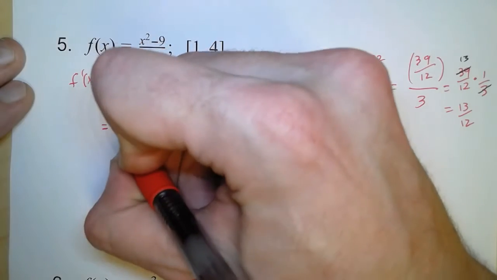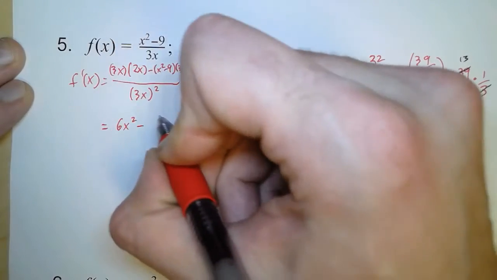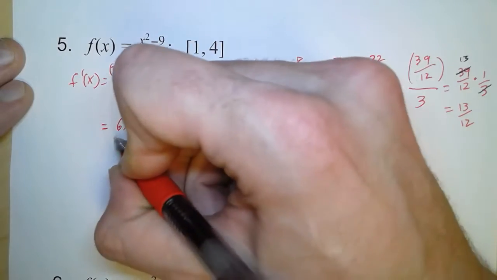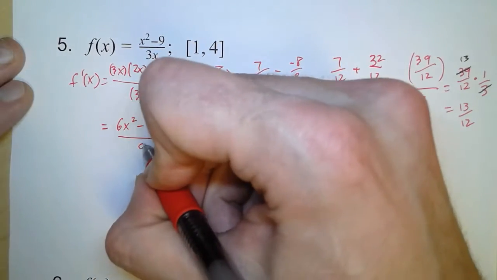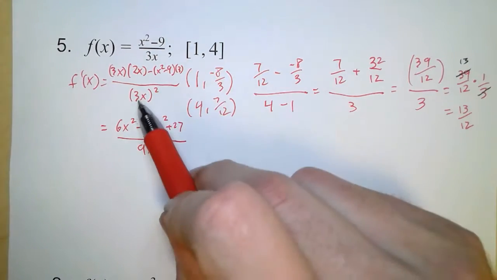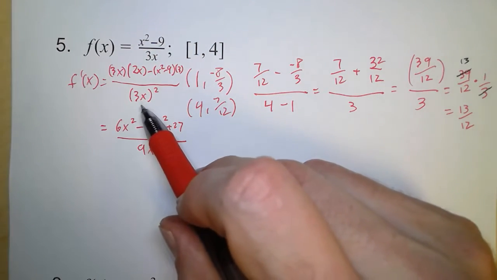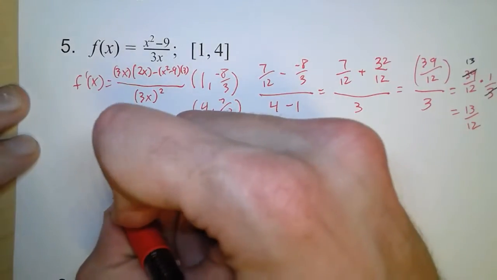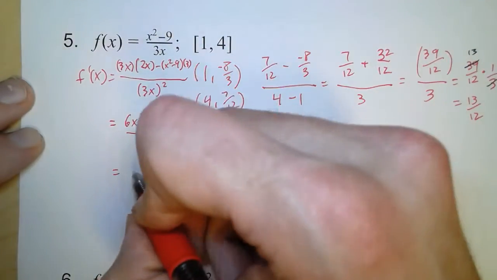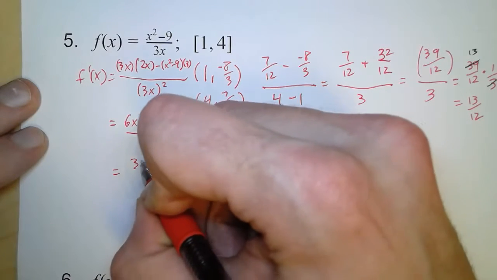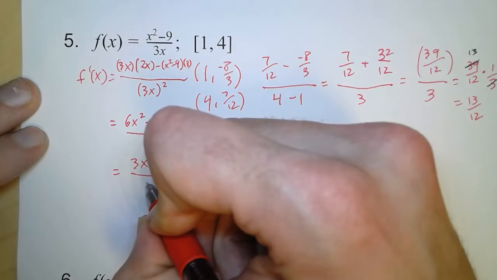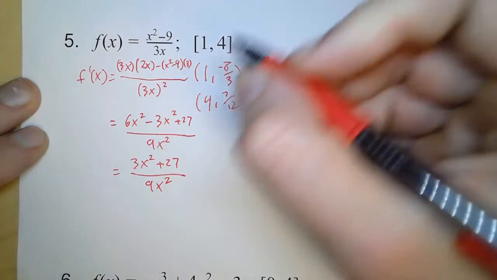So 6x squared minus 3x squared plus 27 all over 9x squared. Remember that we're squaring both the 3 and the x, so that means we get a quantity of 9x squared. And now the x squareds simplify down, so we have 3x squared plus 27 all over 9x squared.